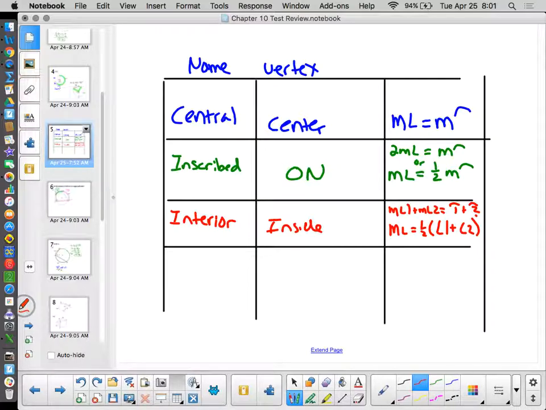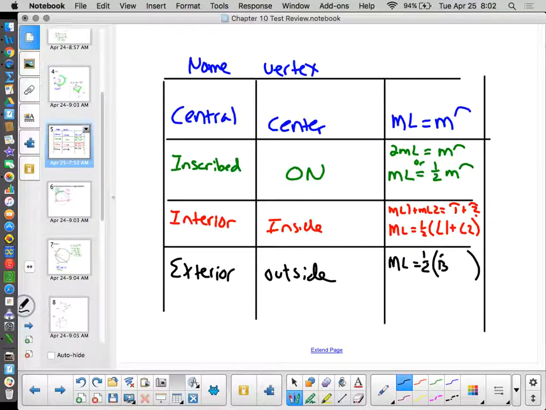Okay? And for the exterior angle, where's that vertex? Outside. Okay? And the measure of the angle equals 1/2 the difference of the big arc minus the small arc, B minus S, I'm going to say.